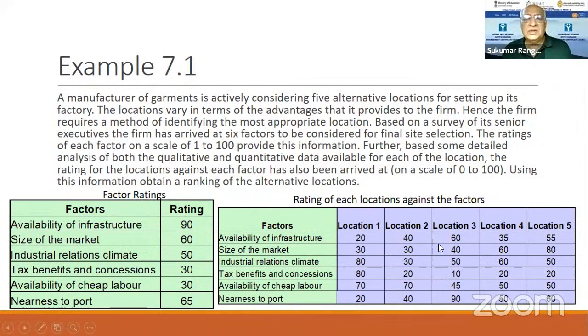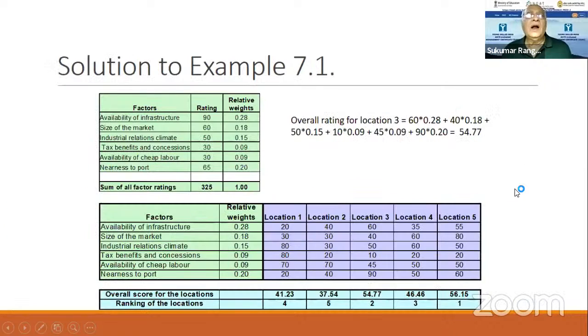So based on this, you have got the ratings for all these parameters, factors, and for each location, these are the figures which you have. And based on this factor, with the multiplying factor which you have put there, you can see that when you say 100, then the relative factors are here.